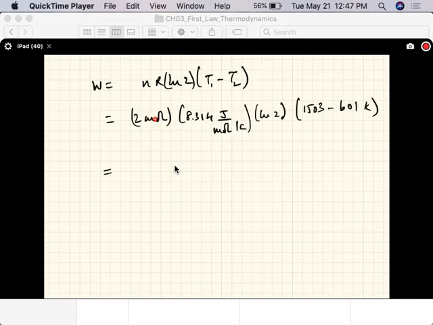And again the moles cancel and the kelvins cancel, so you're left with joules.